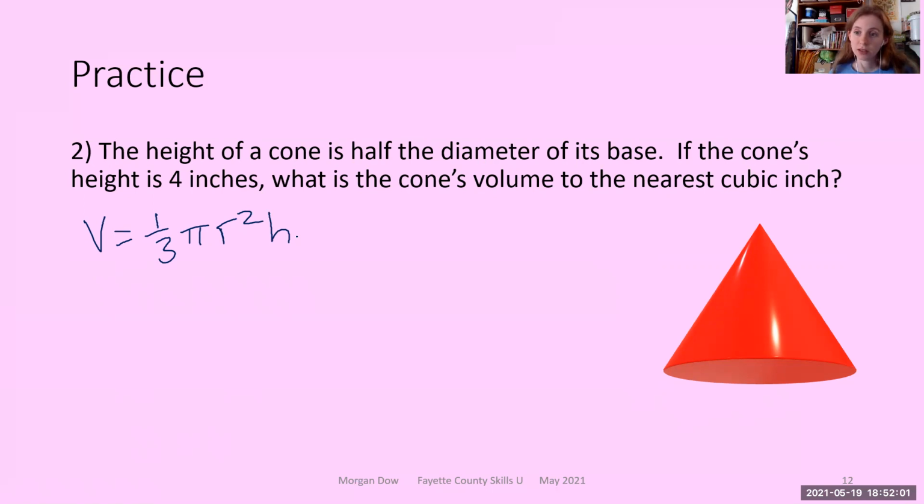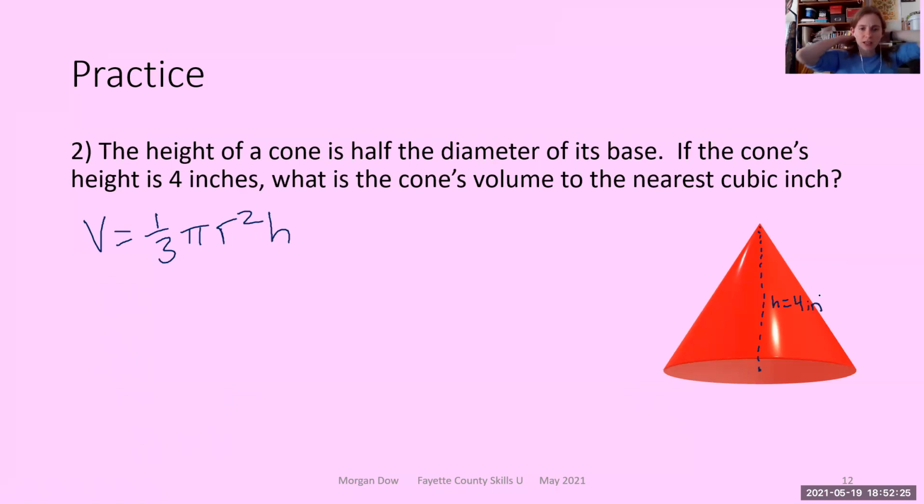The radius of the circle at the bottom of the cone. And we need to know the height. Do we know those measurements? Well, we know the height. It says that the height is 4 inches.